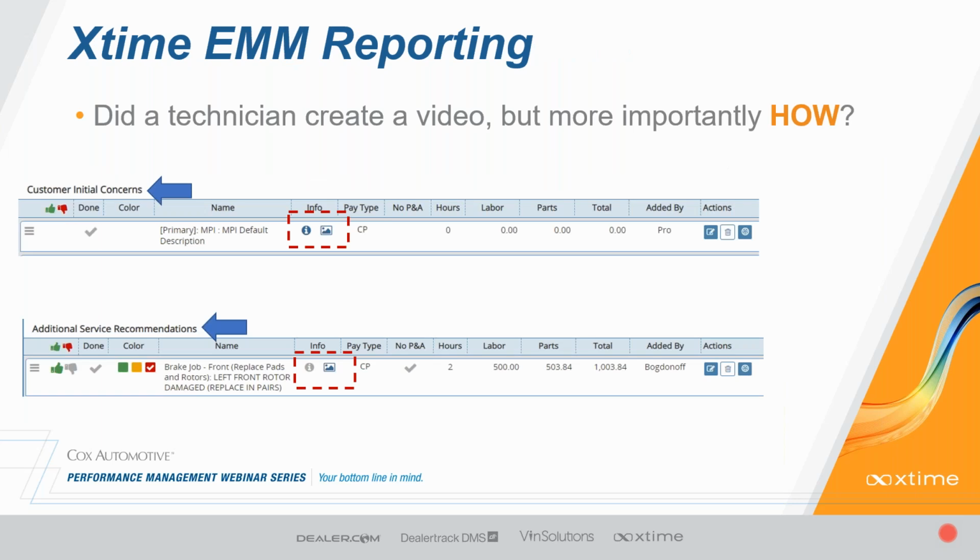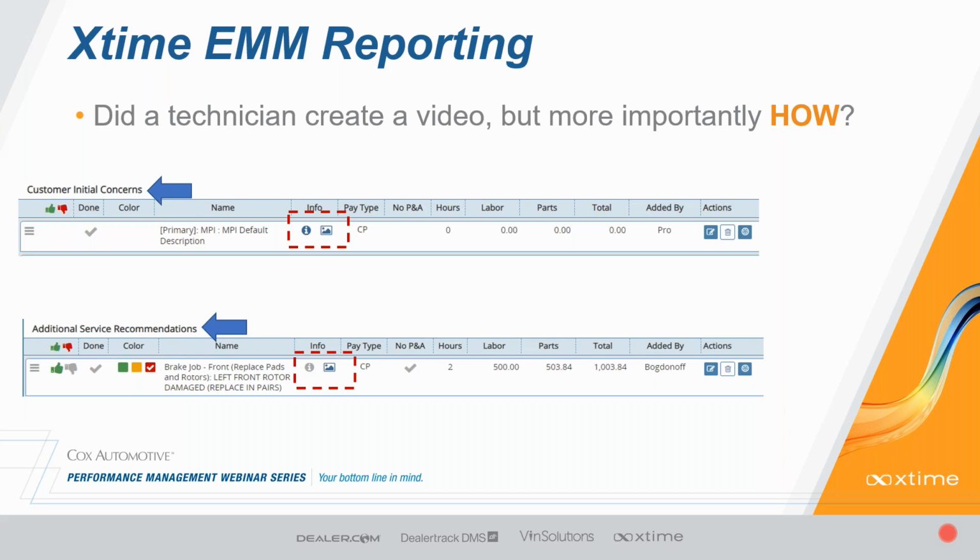So we're going to go over a couple of touch points within the current reports that have existed since the beginning to identify those. So the examples that you're looking at right now, the first one up top is customer initial concerns, right? So this is a perfect example of loading a video into the primary line. As we look down, we have our additional service recommendations, right? Our true ASRs.